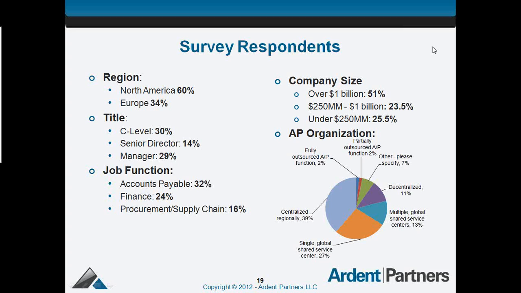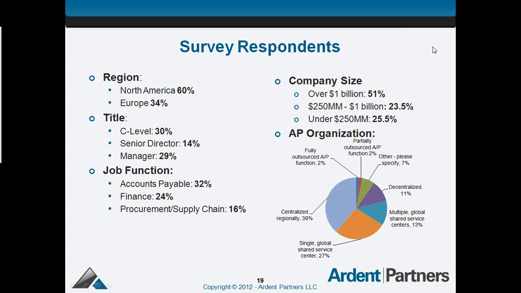We had about 30% that were C-level titles that responded to the survey. In terms of job function, it was largely accounts payable and finance. And then in terms of company size, the participants were largely from companies with over $1 billion in revenue, about 51%, but also a fairly good representation from the mid-market.